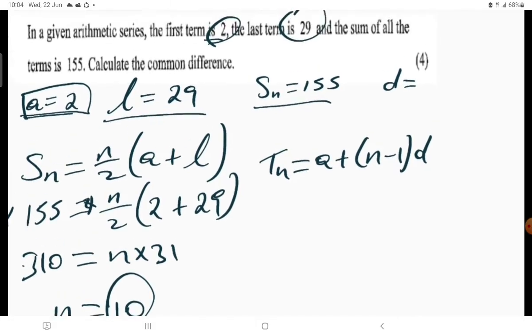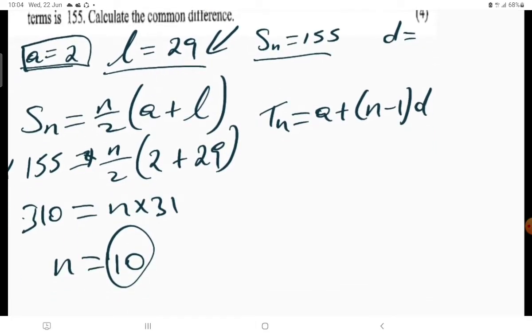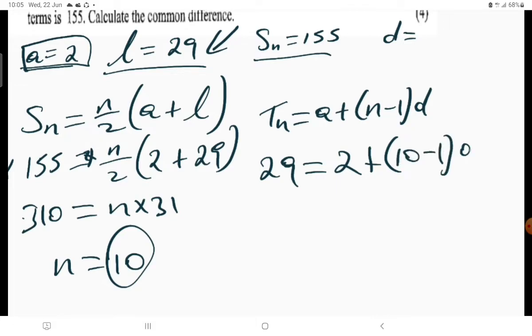Remember that L is the same as Tn, so in the place of L we put 29, in the place of A we put 2, of course, and in the place of n we put 10, which means we'll have 10 minus 1, then times d.